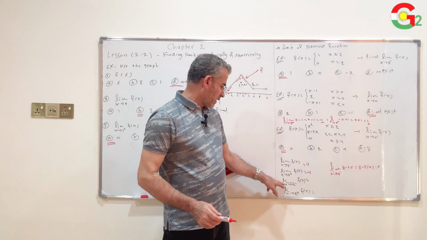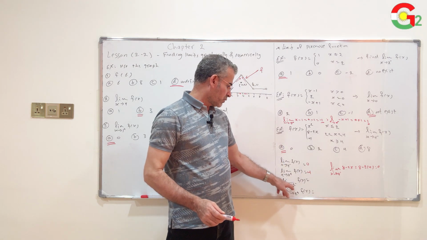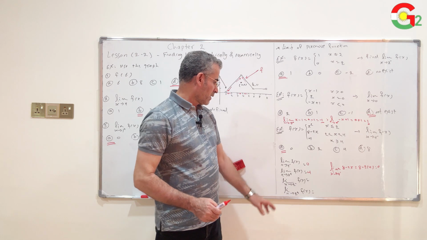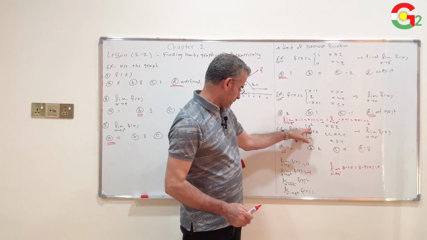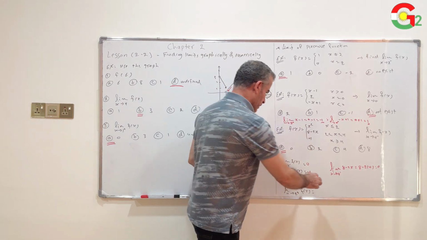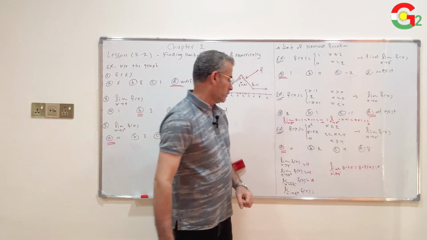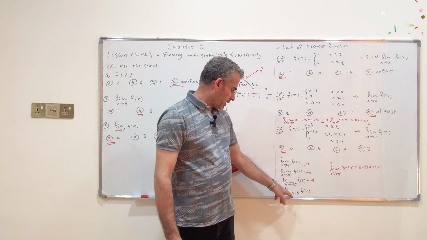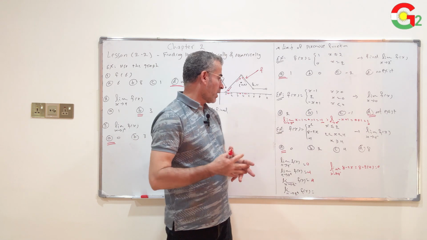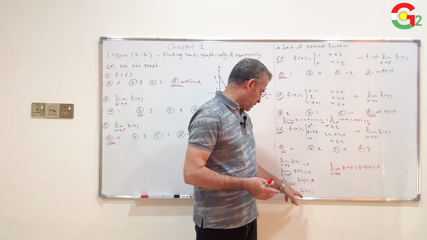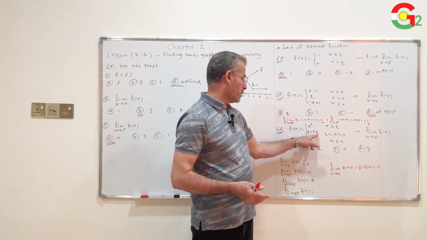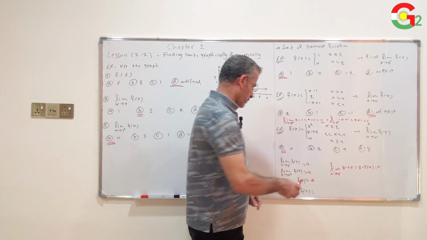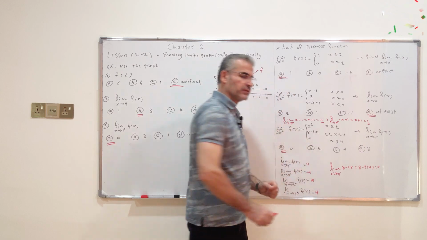If I want to find limit when x approaches 2 from left, it means when x less than 2, then 2 times 2 is 4. If I want to find limit when x approaches 2 from right, it means x greater than 2. I substitute 2 in this segment. 8 minus 2 times 2, 8 minus 4, it is 4.